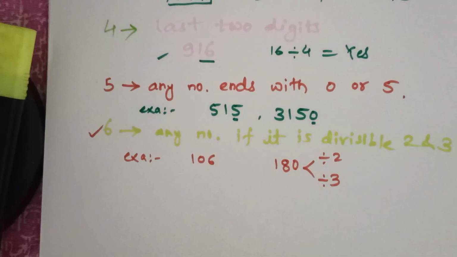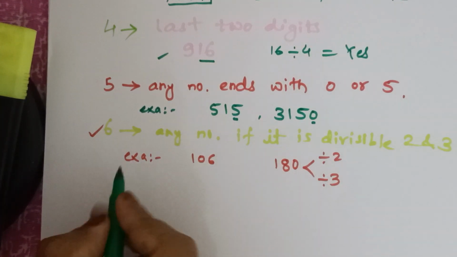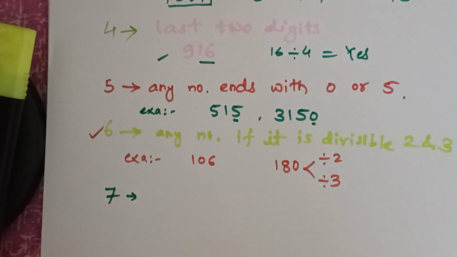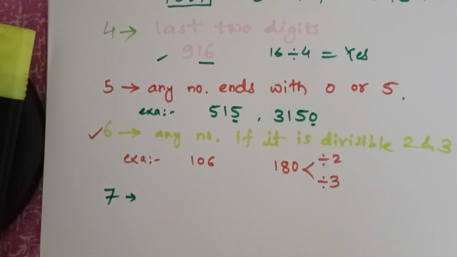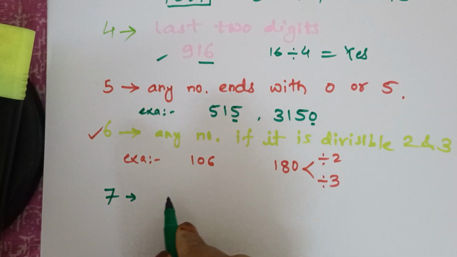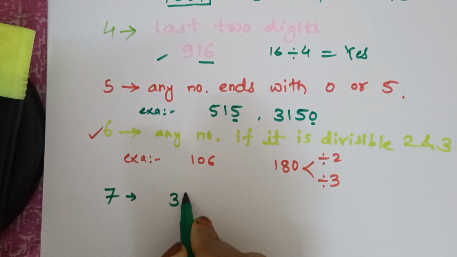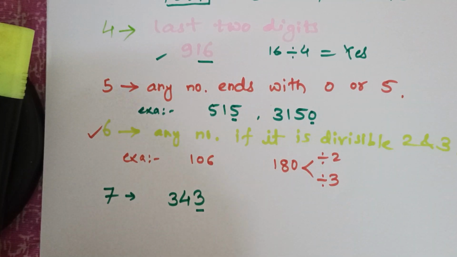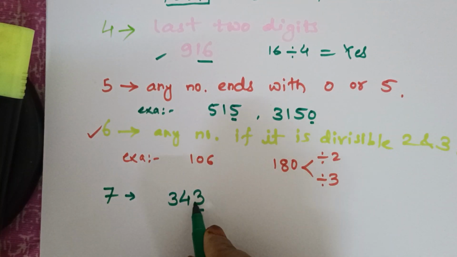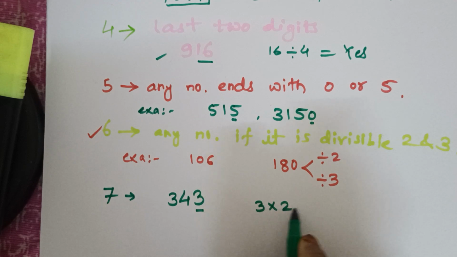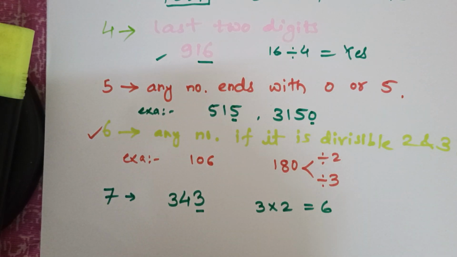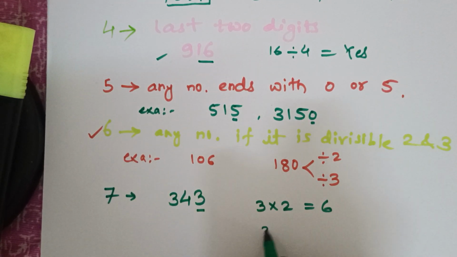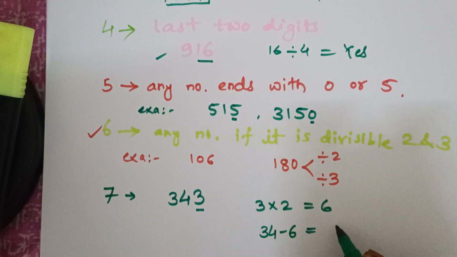Next, how to check the divisibility rule of 7. Most students get confused about which numbers are divisible by 7 and how to check it. Take any number, for example 343. Take the unit place digit and double it. This 3 doubled becomes 6. Now from the remaining number, 34, subtract 6.